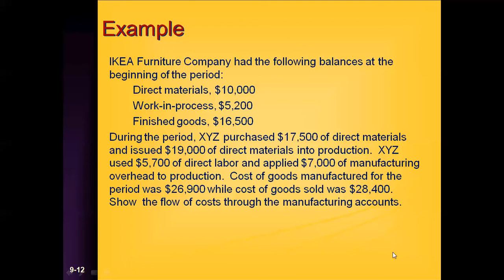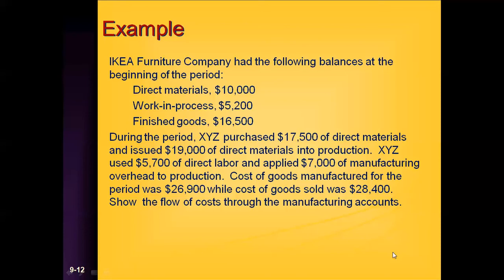And then in the work in process area, the company used 5,700 of direct labor and applied 7,000 in manufacturing overhead to production. And again, manufacturing overhead here are all those indirect costs that aren't necessarily associated with a particular product.